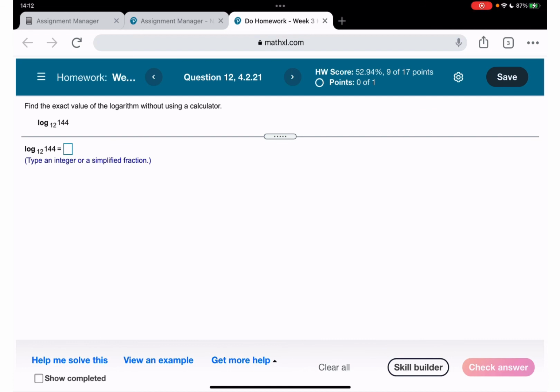Next. What is this one? Find the exact value. Okay. How are we going to work with this one? So, logarithm 144 by base 12. What does that mean?